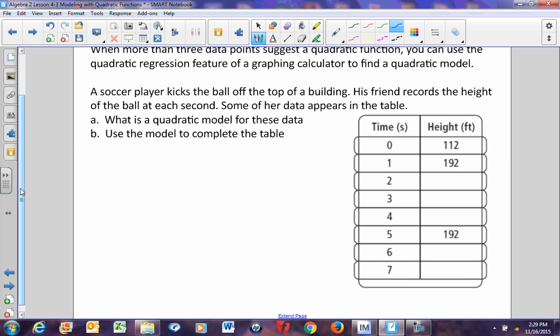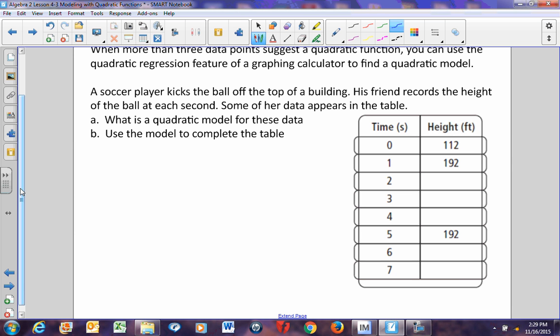Remember how to clear your list: you go up to highlight L1, L2, hit enter and clear your list. Then for L1, you're going to put in 0, 1, and 5, and for L2, 112, 192, 192. For the Inspire, you're just going to create a new document.